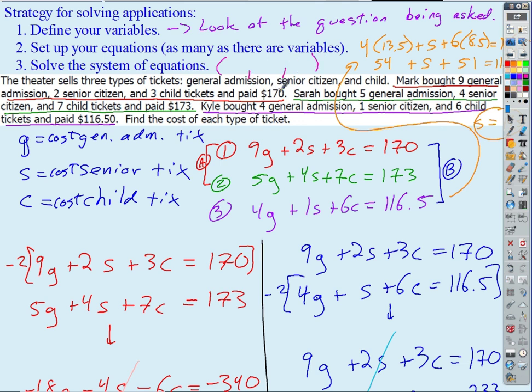We had G first, so it was 13.5, then we had S, which was 11.5, and then we had 8.5 for C, and that's got to be in the form G, S, C, right? But for this example, in an application, do we want to write it as an ordered triple? No, we want to know what the costs of the tickets are. Okay? Whew, that's a lot of work for one problem, isn't it?